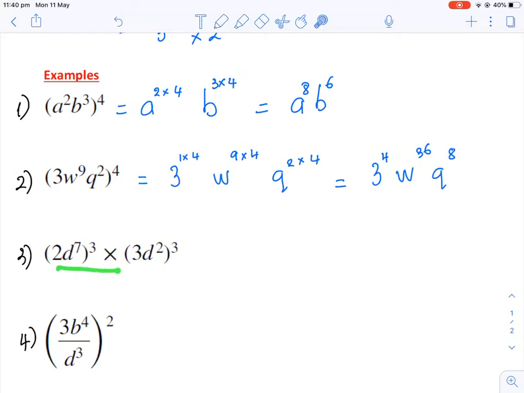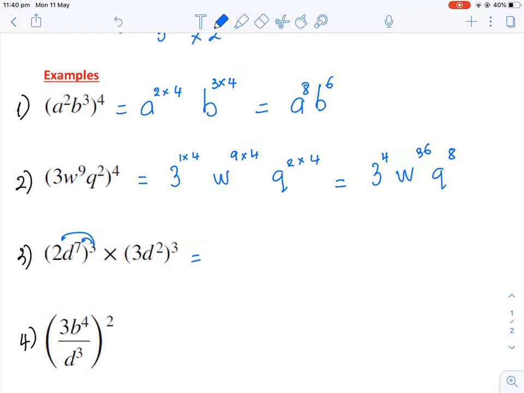How about example 3? With example 3, we do exactly the same with these, but D here in 2 places. So see how we go. The first one, 2D to the power 7 and everything to the power 3. We're going to distribute 3 in here and in here.